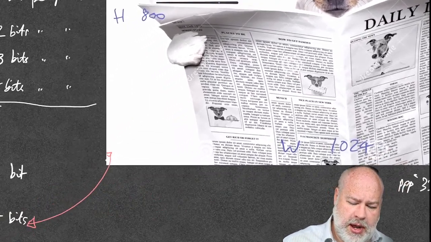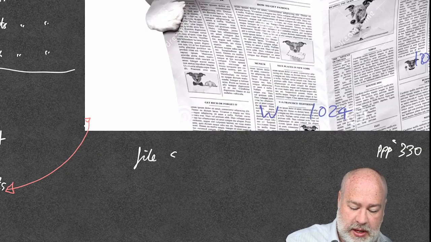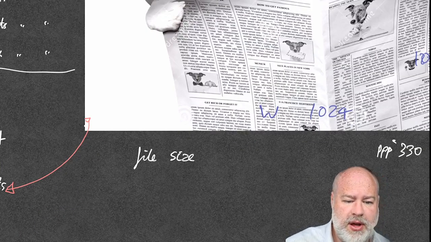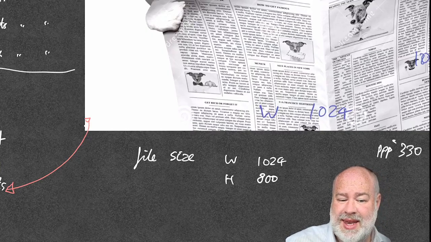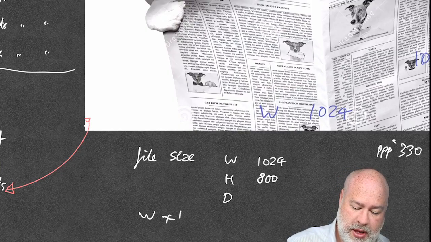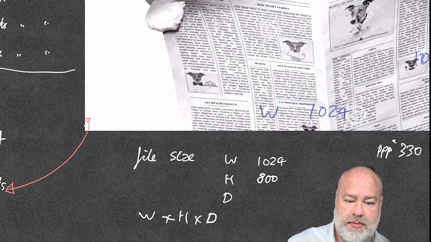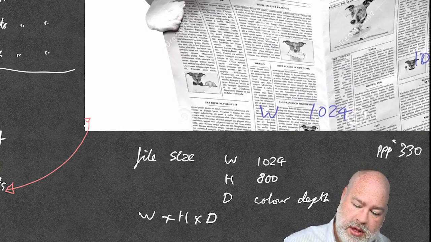So let's go now to have a look at what image file size is. The file size is the width, what did we say, 1024, the height, which we said was 800, and then the bit depth. Okay, and we need to times them all together. So width times height times the bit depth. So let's say this image of the dog reading newspaper is 24 bits.